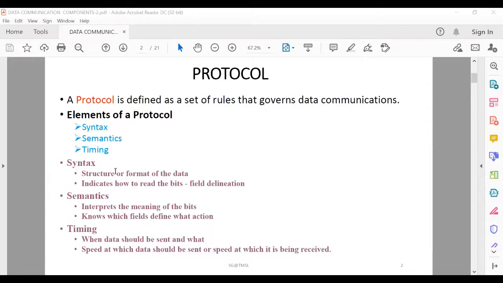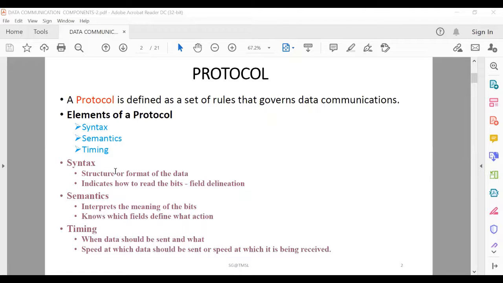So what is semantics? It tells the meaning of each section of bits and indicates the interpretation of each section. It also tells what action or decision is to be taken based on that interpretation. These are the semantics.